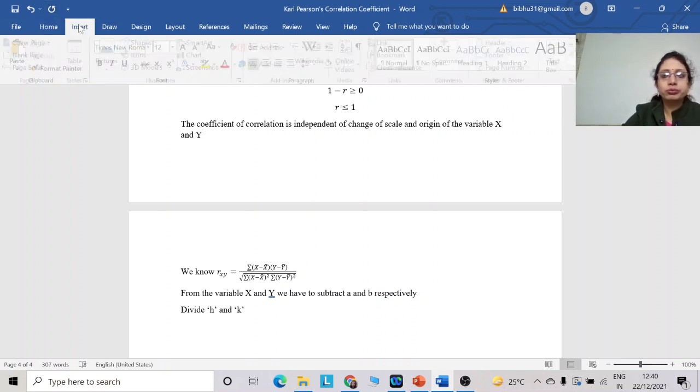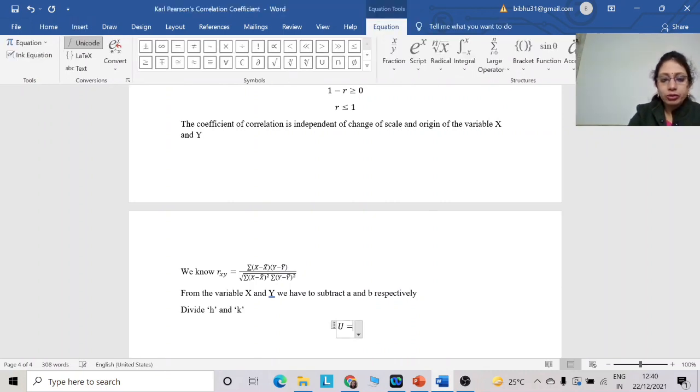So u is equal to x minus a by h, and for y we are writing v is equal to y minus b by k. Okay.